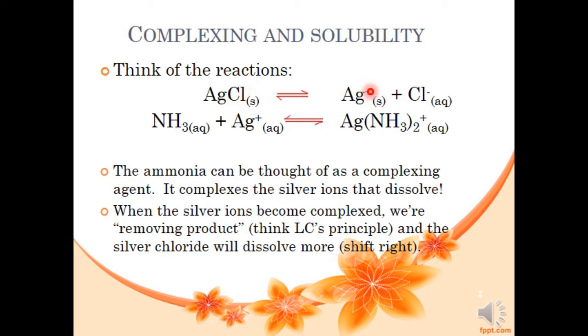When this silver becomes complexed, go back to Le Chatelier's principle. When it is complexed with ammonia, we remove silver ion. When this is removed, what happens to the equilibrium? It will be disturbed, directing more formation of silver+.